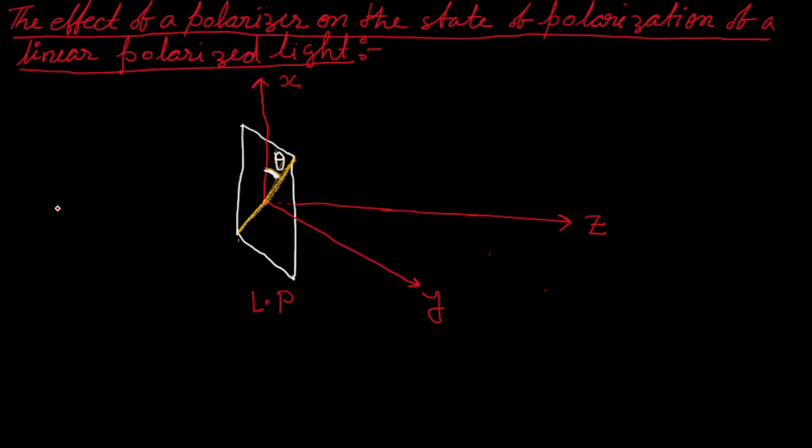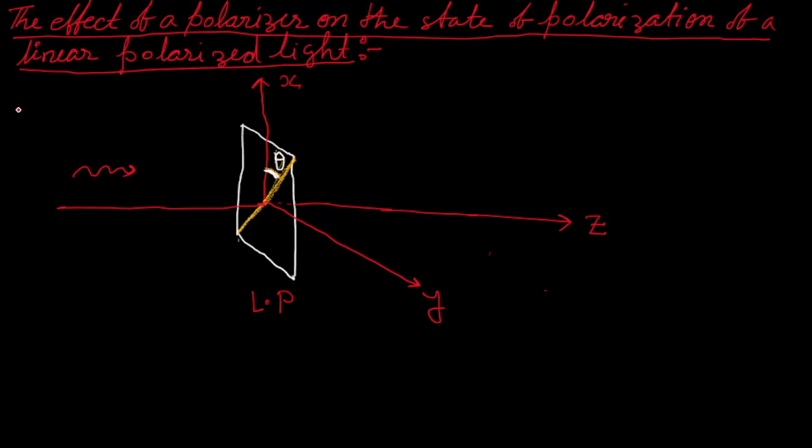So now what we are going to do here is consider an electromagnetic wave which is propagating in the positive z direction with amplitude E0, and it's a linear polarized light. Let's assume that the polarization of this wave is x polarized.